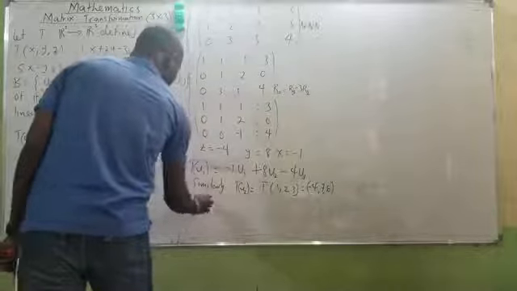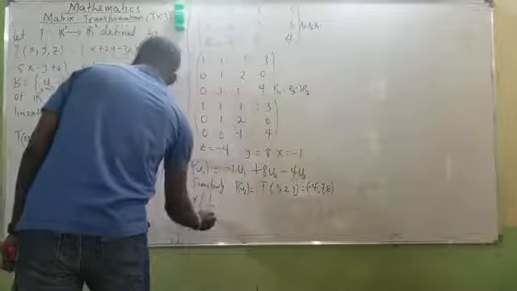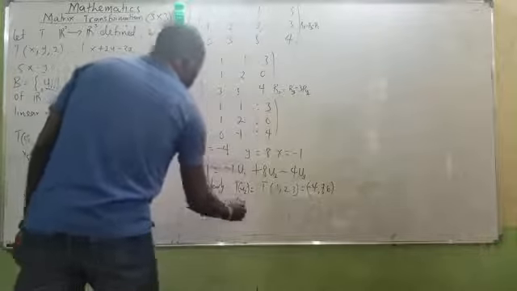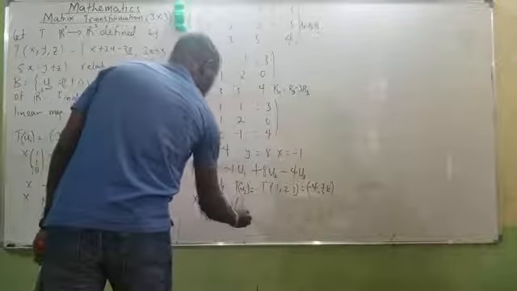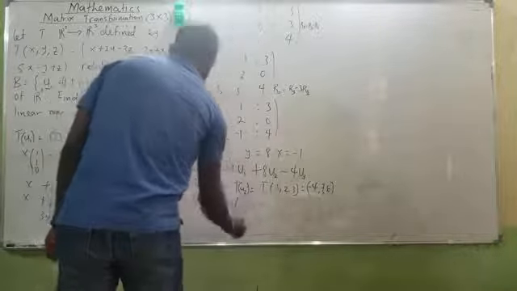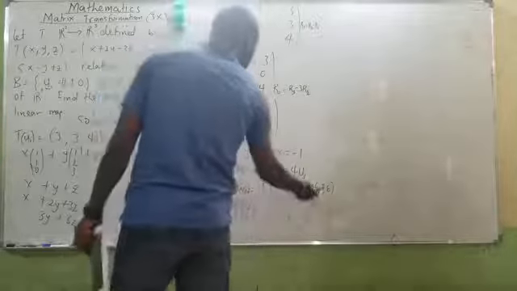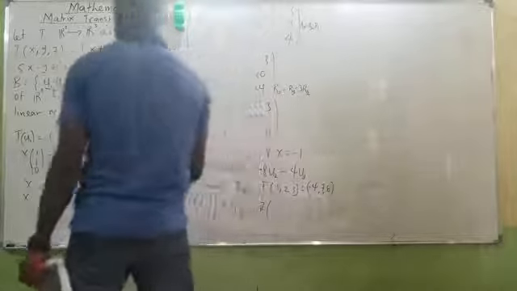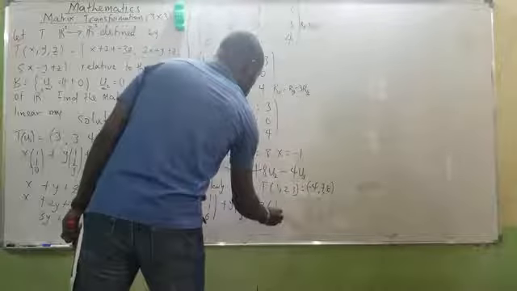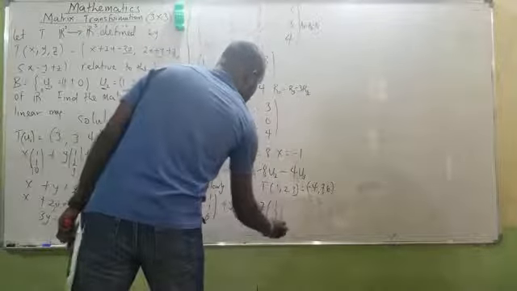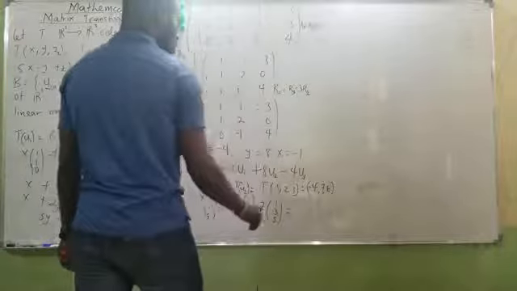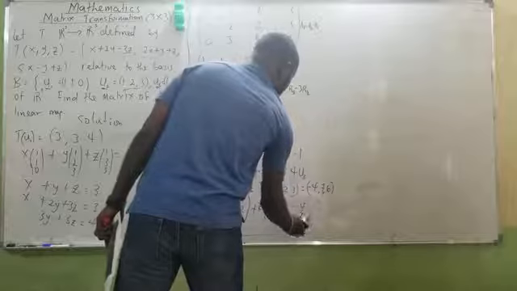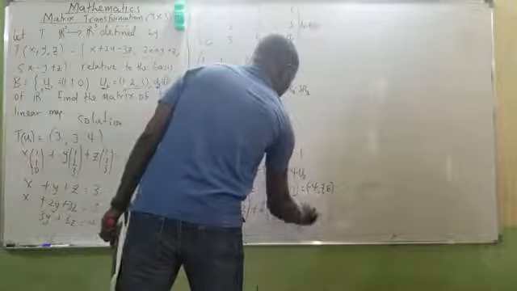My x bracket of 1 is 0, and plus y bracket of 1, 2, 3, plus my z bracket of, what is my z? 1, 3, 5, which it will be equals to minus 4, 7, and 6.